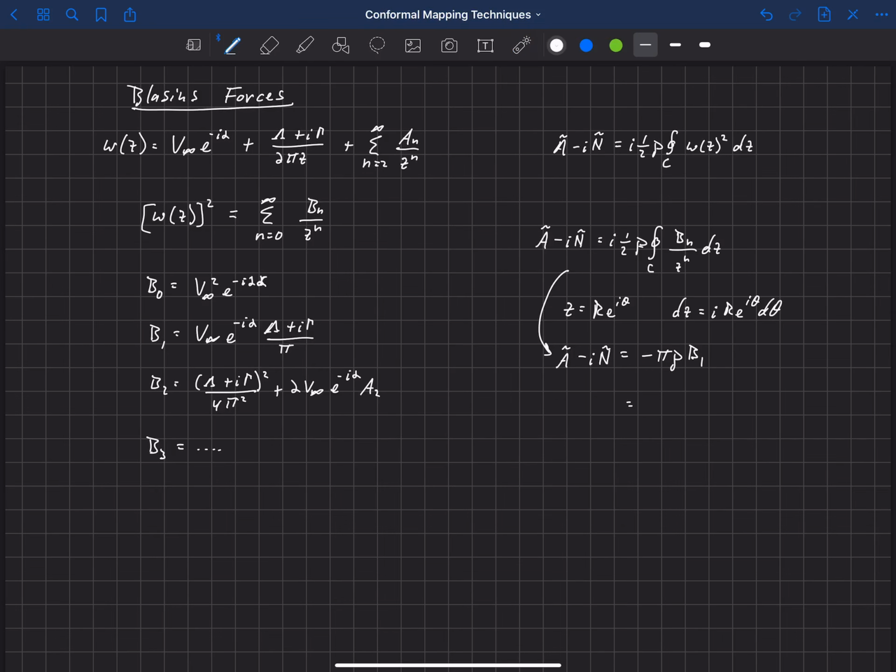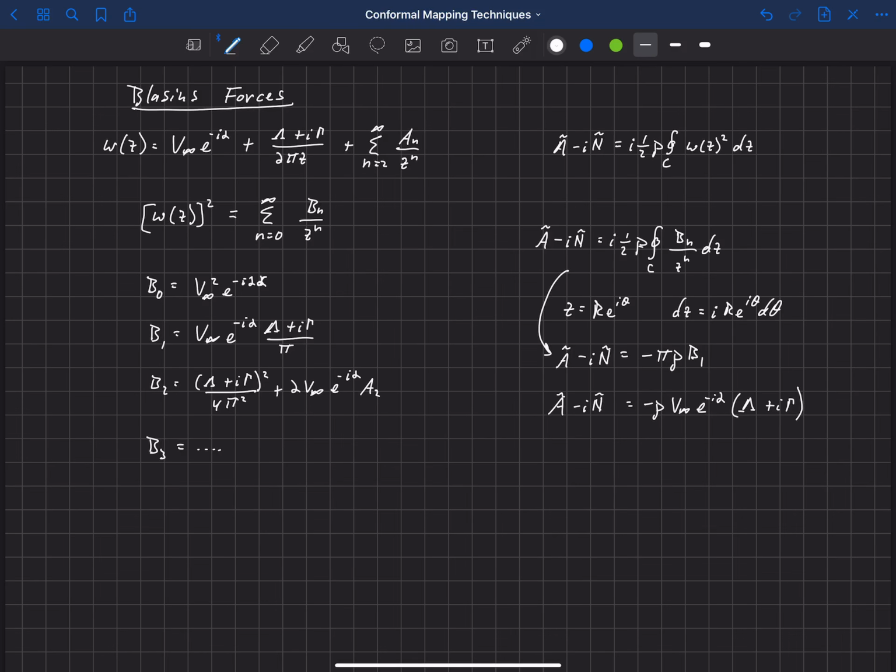And so when we plug that in, we get minus rho v infinity e to the minus i alpha times lambda plus i gamma. Okay, so the pi's canceled there. This pi canceled with that, and everything else basically stayed in there.